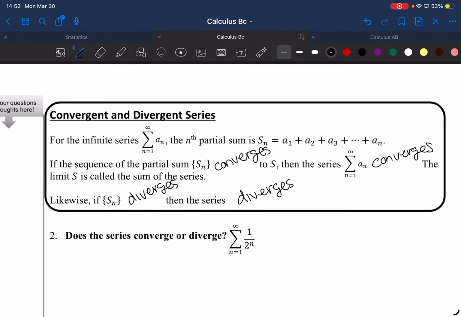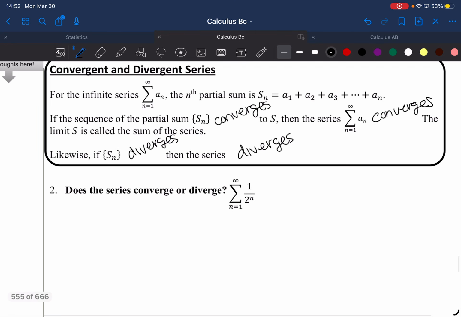Which means we could use the partial sum, find if the partial sum converges or diverges, and then based off this definition, because of the direct relationship, if the partial sum converges, then we know the series will converge. So for number 2, I'm going to show you both. I'm going to show you how to find it using the partial sum and using the series.